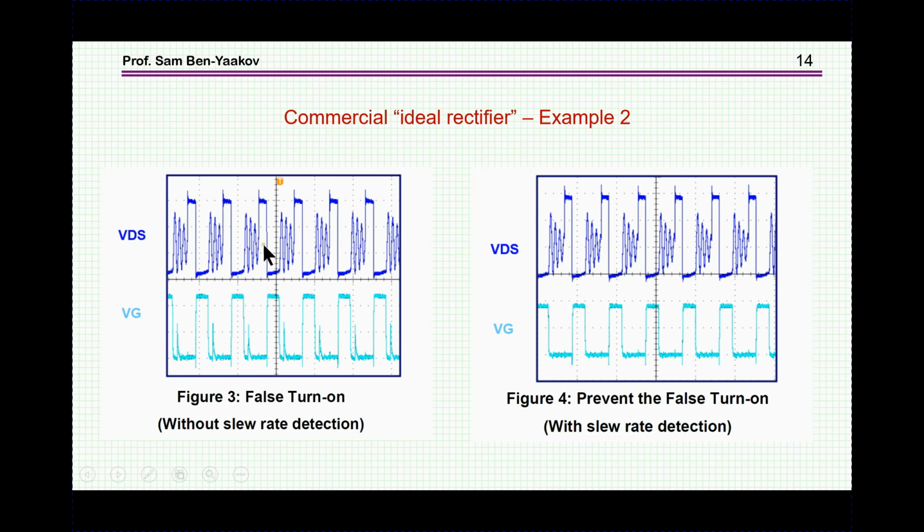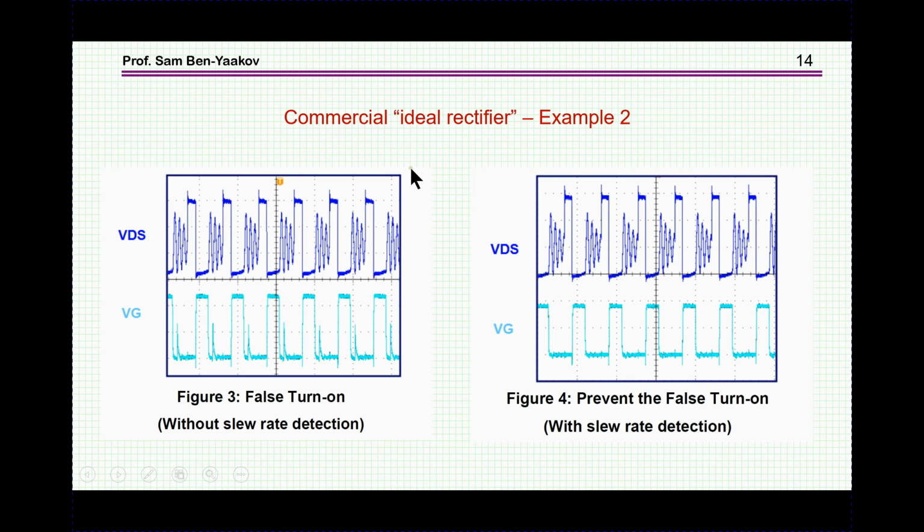So you can actually distinguish between the two, and this is the slew rate detector, which looks at the slew rate, and if the slew rate is not fast, it will not turn off the gate. So here we see a situation in which this feature was disabled. Here it is enabled, and then detection is taking place, and therefore you don't see this false triggering of the gate, which is of course very nice.